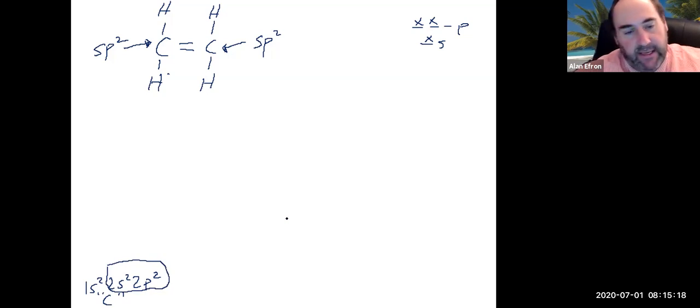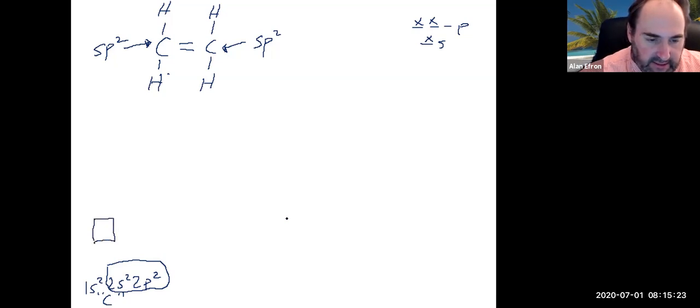And if we were to follow that hybridization process like we saw before, this would be our 2s. It would have that, and a really badly drawn 2p. It would go like this.